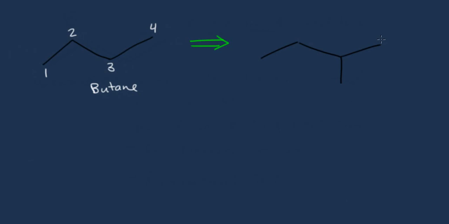So I'm just arbitrarily going to pick a side. I'm just going to pick this to be our 1, 2, 3, 4. And really the best way to go about these problems is just to pick a side. You might not always be right when numbering your carbons and finding the longest chain, but you'll figure that out as you go along. And you never know, you might be right the first time.